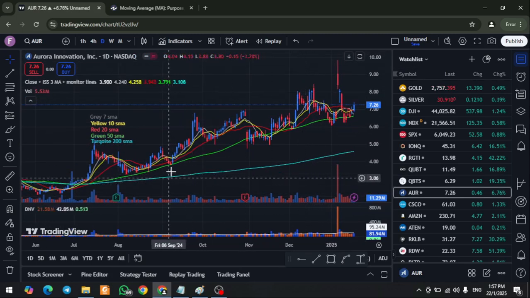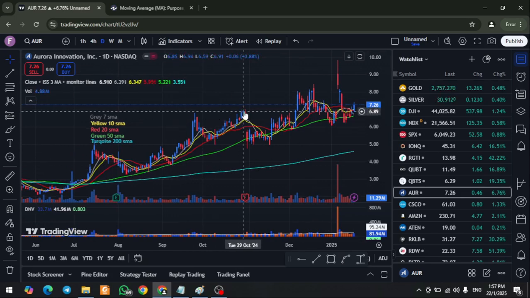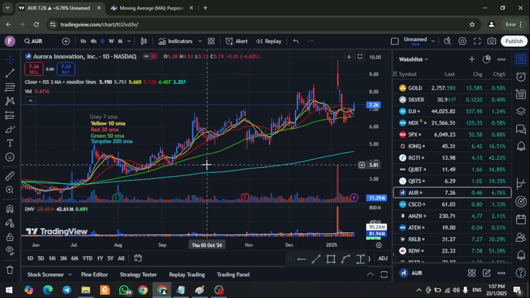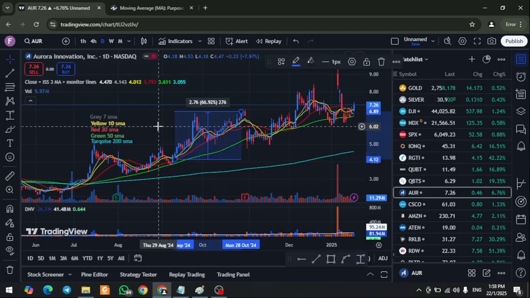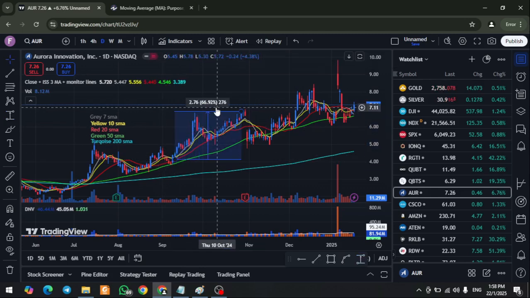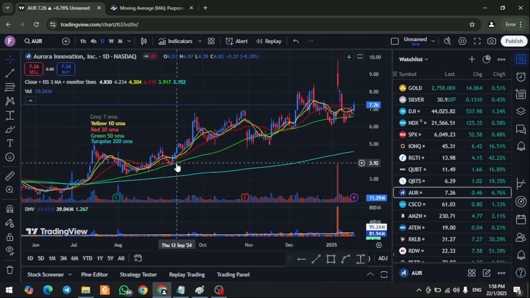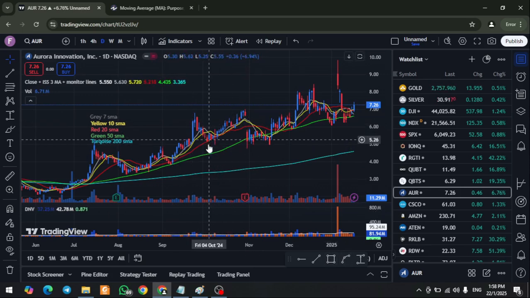In Aurora Innovation, from September up to the end of October last year, 2024, the price rose more than 60%. Okay, during this stage, if you can see, the price actually bounces on the 20 days moving average, the red line here.